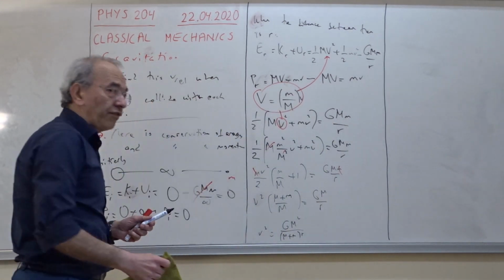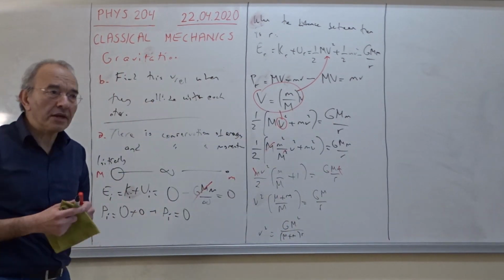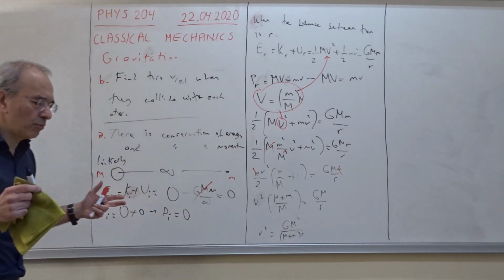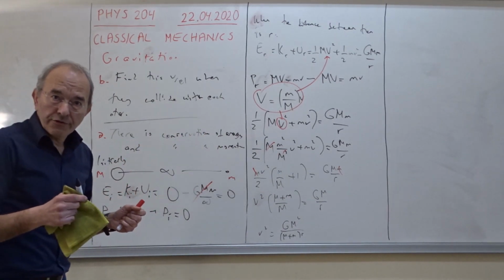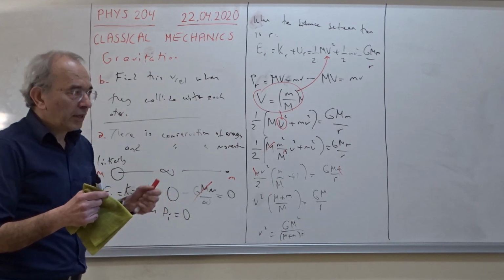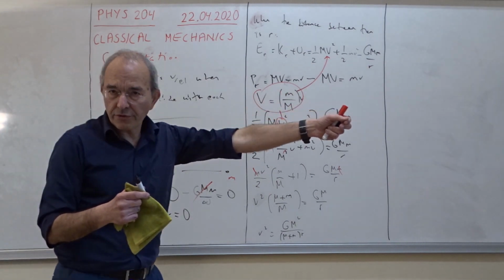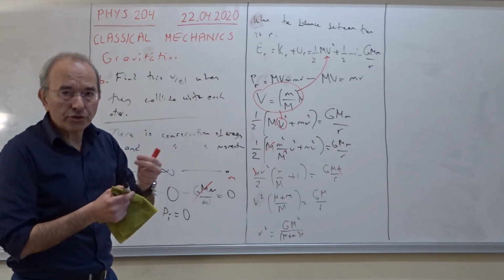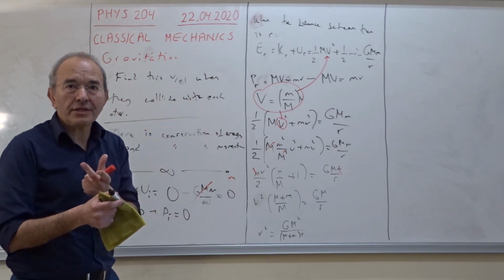But we will find the relative velocity. Relative means it is the sum of the two velocities. Because if we are going at 50 kilometers per hour and another car is coming against us at 60 kilometers per hour, the relative velocity is just 60 plus 50, which is 110.